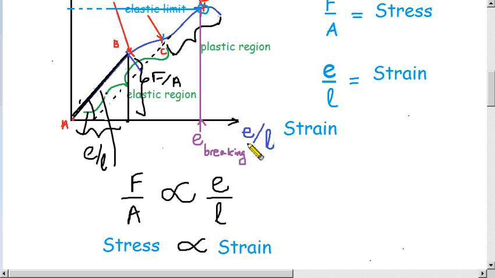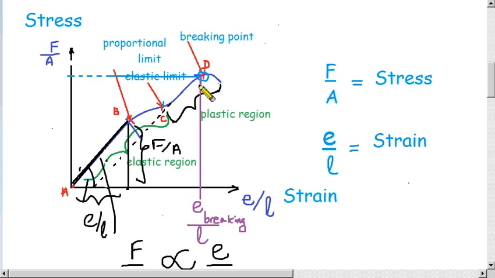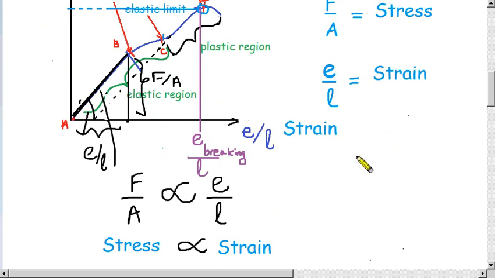So the strain here is this value divided by L, not only E but E breaking divided by L. L is a constant. E is the specific value just before the breaking point.